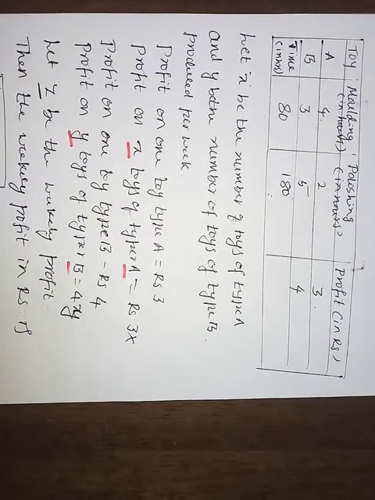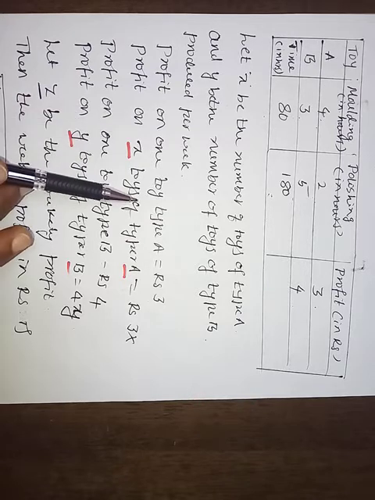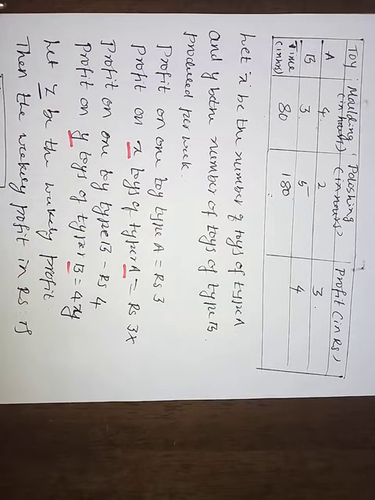The profit on one toy of type A is 3 rupees, which is given, but we don't know exactly how many toys we manufacture. That we have taken as X. Therefore, profit on X toys of type A is 3x. Similarly, profit on one toy of type B is 4 rupees, so profit on Y toys of type B is 4y.